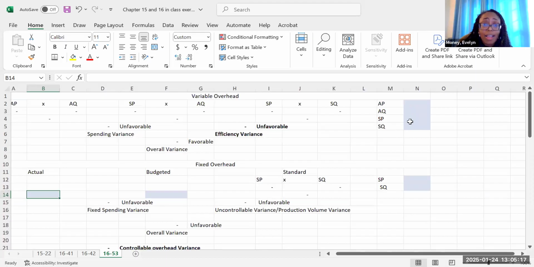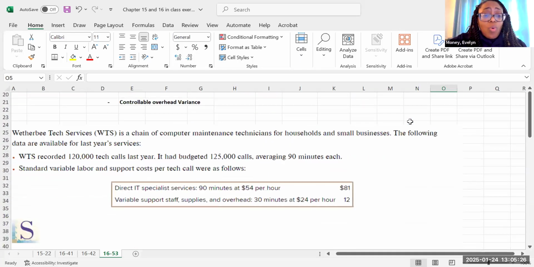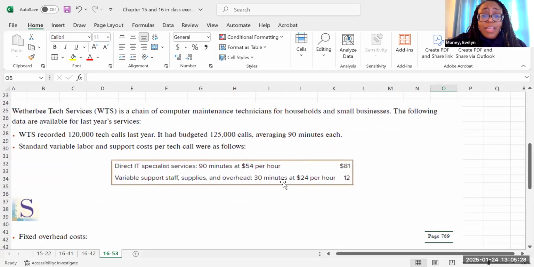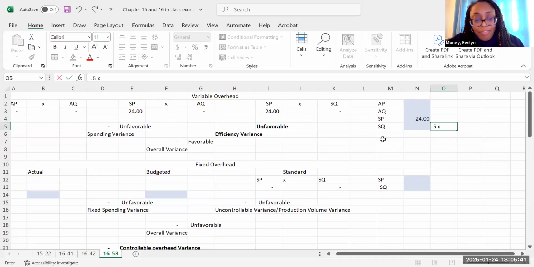So my standard price for variable overhead is 24. My standard quantity is 30 minutes, but it's 30 minutes multiplied by the actual number of tech calls, or 120,000. So I'm going to take 30 minutes, or half, times 120,000 tech calls, and we get 60,000.